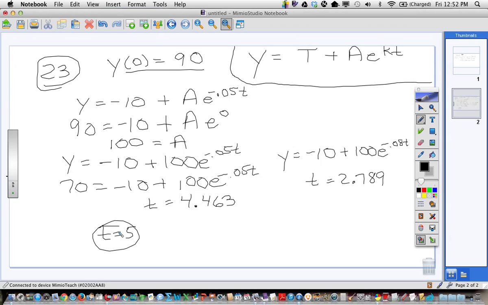So, hers is dropping faster because her cup is not insulating there as much.